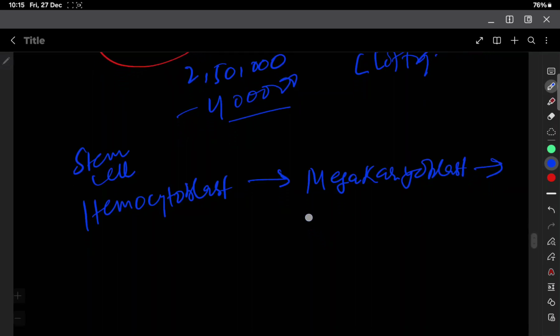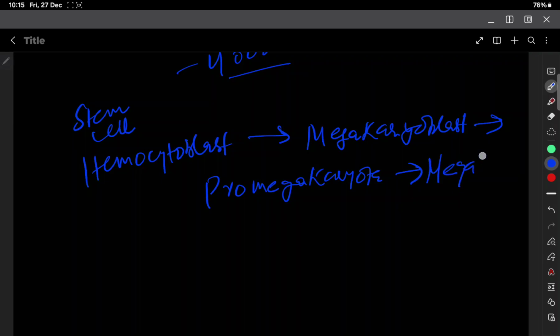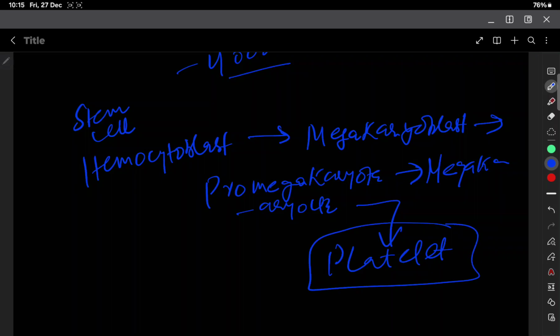This megakaryoblast then develops into a promegakaryocyte, and this promegakaryocyte develops into a megakaryocyte, and then this megakaryocyte differentiates into blood platelets. So that is how the platelets are formed.